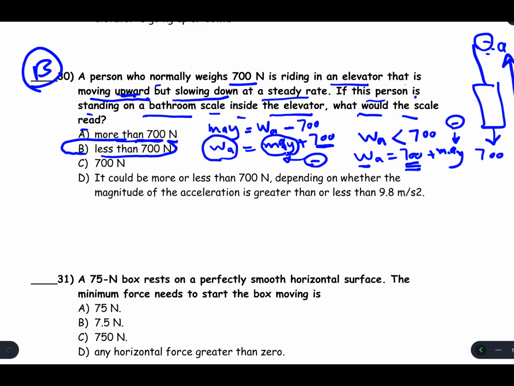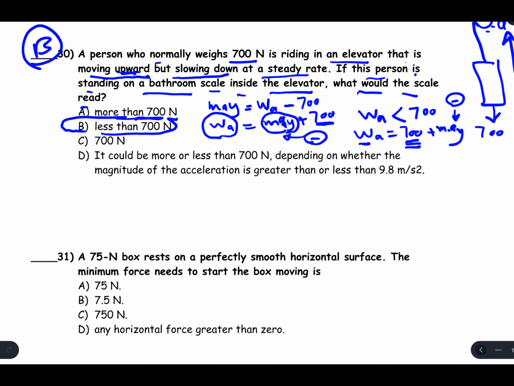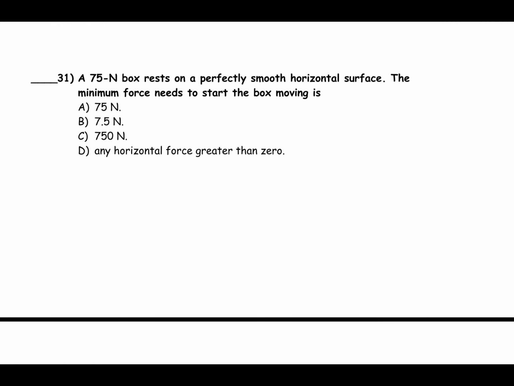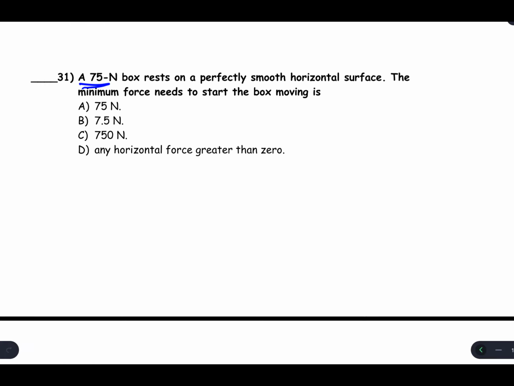Let's go to the other one. A 700 Newton box rests on a perfectly smooth horizontal surface. This is smooth. There is no friction, guys. So what is the minimum force needed to start the box moving?